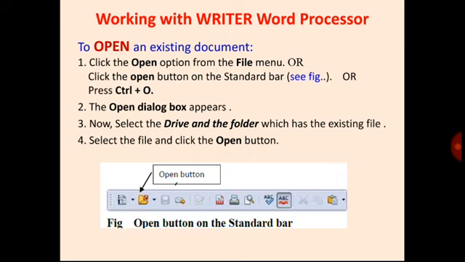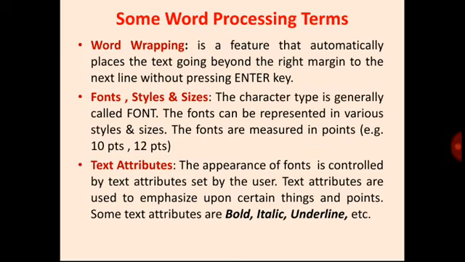These are the three options. It will open the Open dialog box. Now we have to select the drive and folder in which the existing file is present, and after selecting the location, we have to select the file that is to be opened, and then we press the Open button.